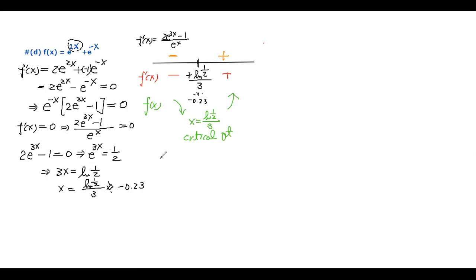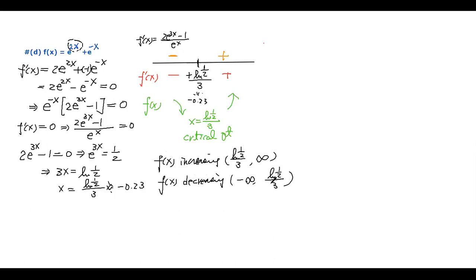The f of x is increasing from one third natural log 1/2 to infinity. Then f of x is decreasing from negative infinity to one third natural log 1/2.